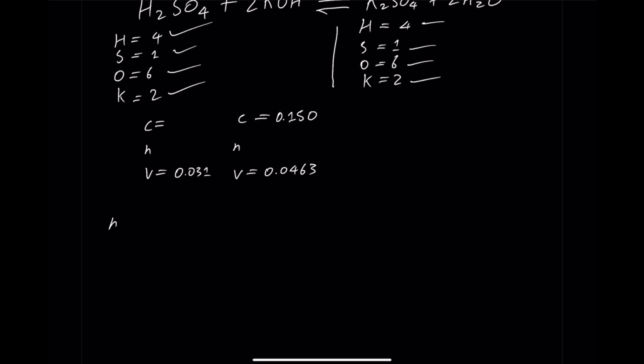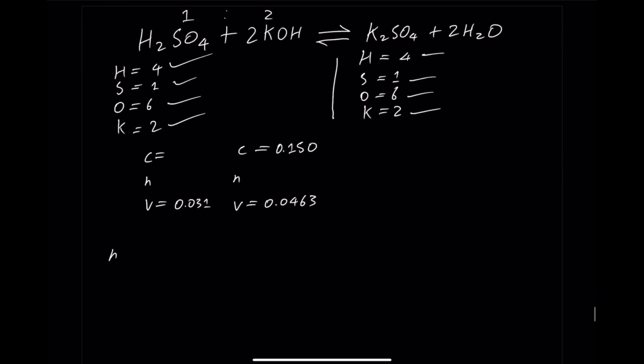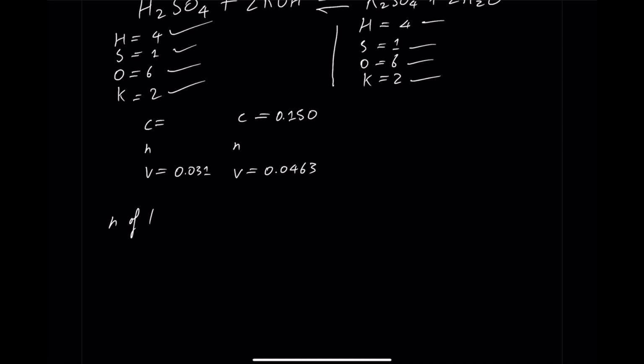I can clearly work out the moles of potassium hydroxide. Moles is equal to concentration times volume. Let's do it in the order that I have it here, so I don't confuse you.